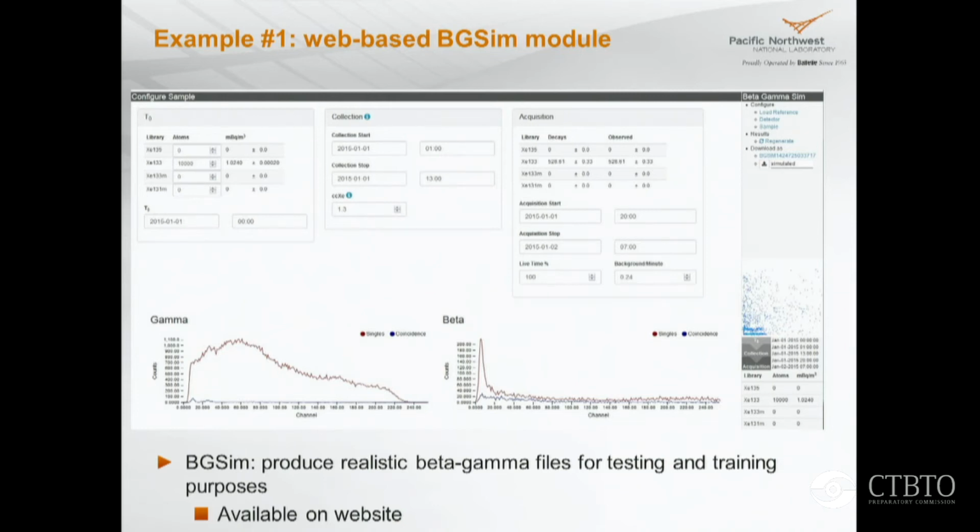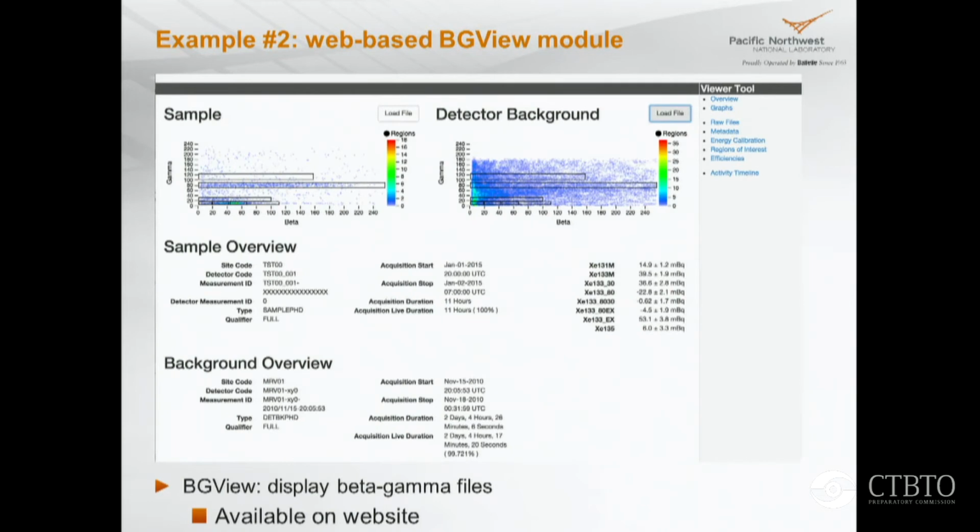There's no such thing. Xenon 133m decays into 133 fairly quickly. So it's a good test for your graduate students to categorize these spectra and tell what they are versus the physicality of them.